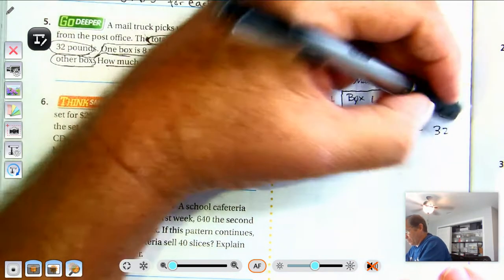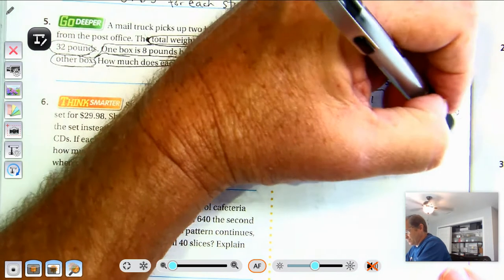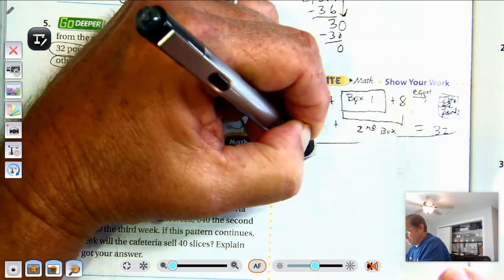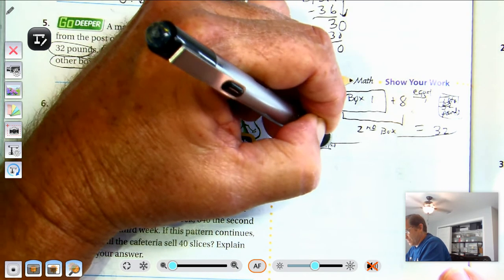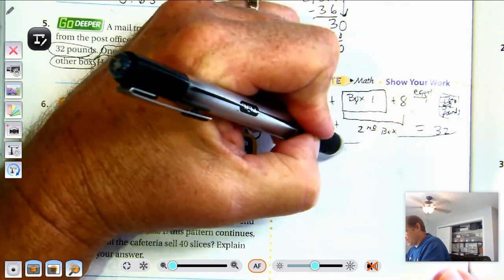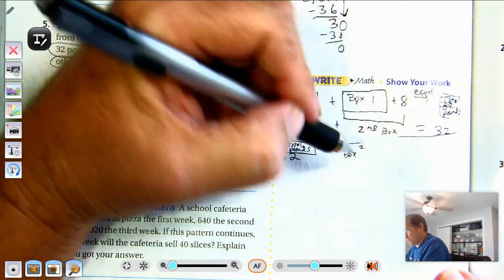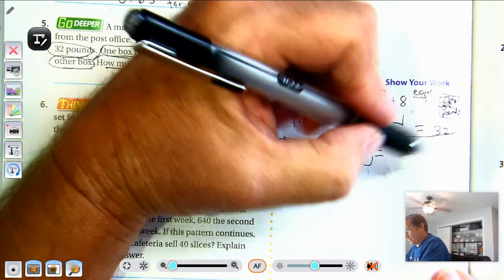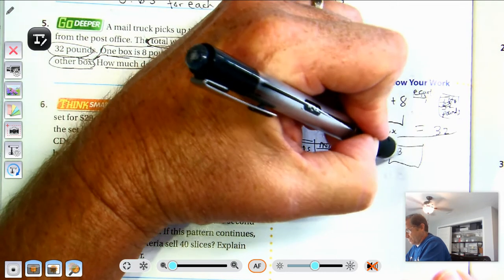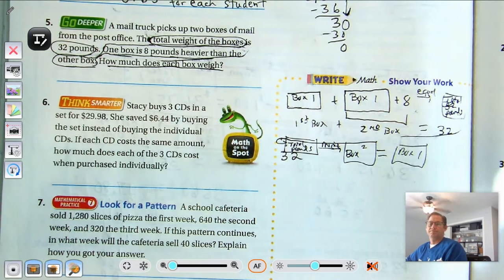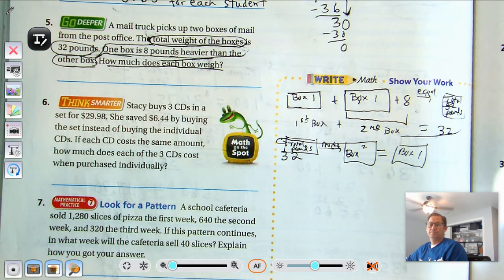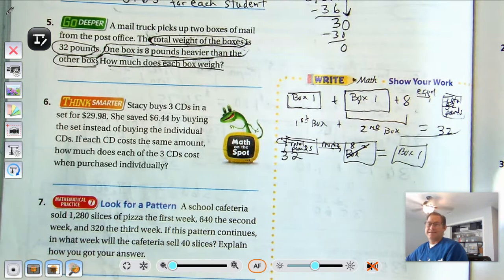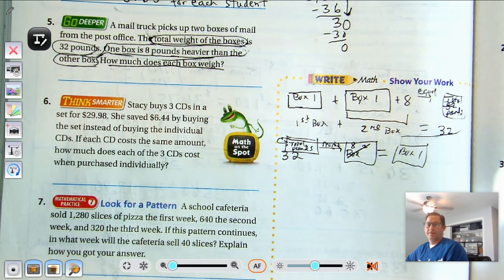All right, so if we were working backwards, we'd say 32 total pounds minus box 2 will equal the weight of box 1. Sorry, minus 8. Okay.